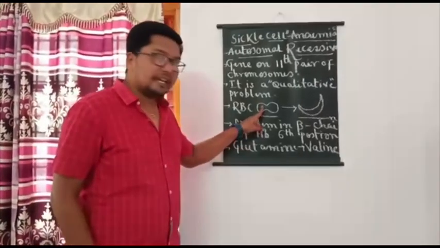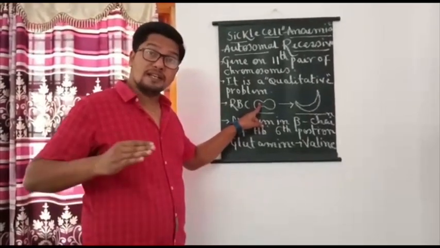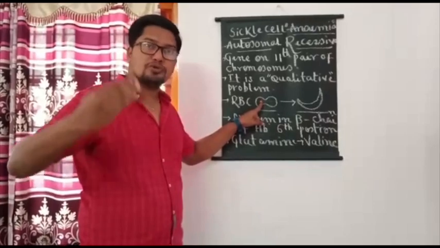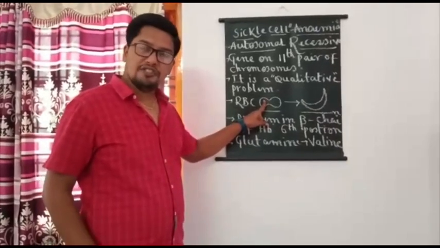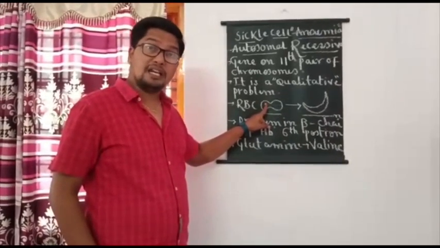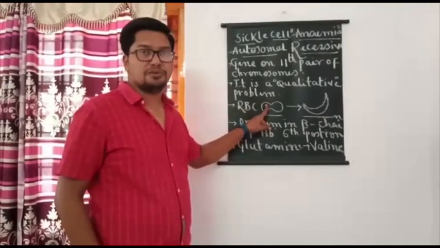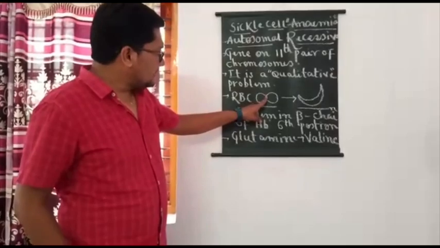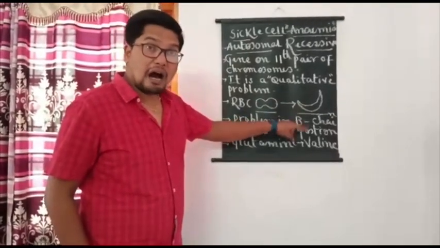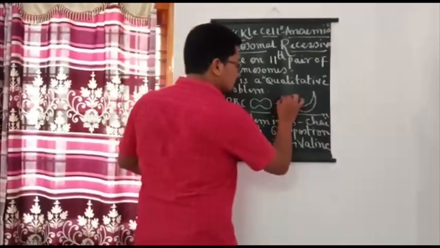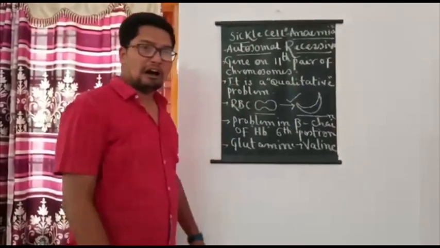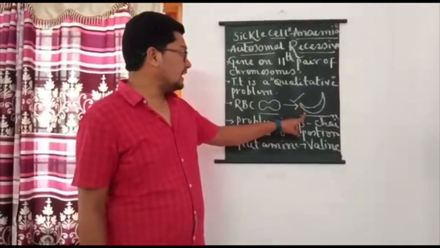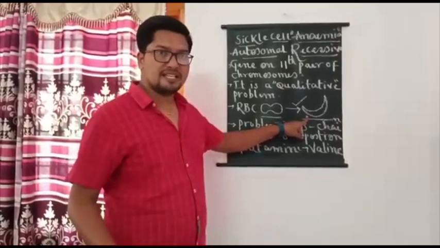This biconcave shape offers more surface to volume ratio, so that biconcave shaped RBC can carry more oxygen to the body tissues. But in this condition, biconcave disc-like RBC are converted into sickle-shaped RBC, or crescentic RBC.